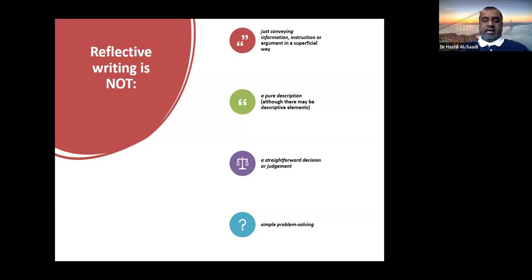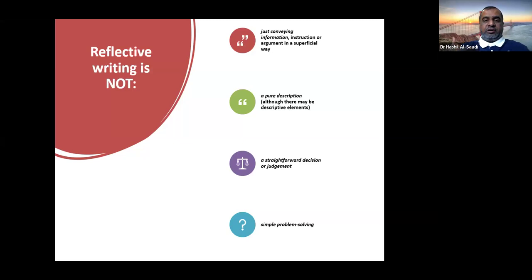And number 3, reflective writing is not a straightforward decision or judgment. Here it is more a reflection on what is going on. You engage in deep thinking, and it's not a rushed decision or a rushed judgment of things. Finally, it's not simple problem solving.